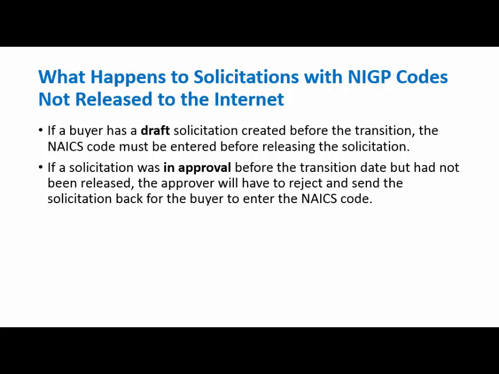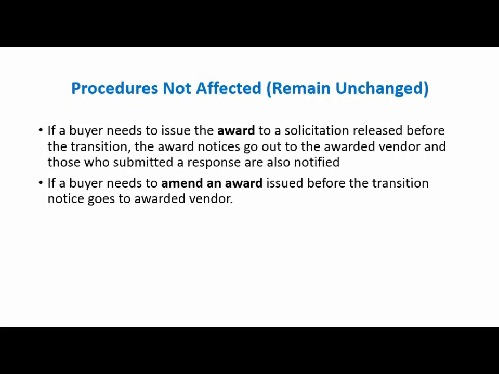Likewise, if it's in approval on the date of the change today, the approver will have to reject it so you can enter the proper NAICS code. Awards are not really affected by NAICS codes, since the award notice goes to those who submitted an offer, or in the case of an amendment to an award, it goes to the awardee.